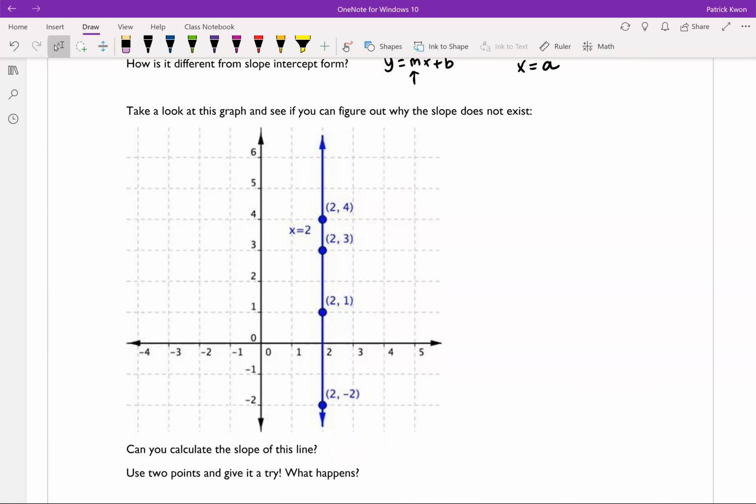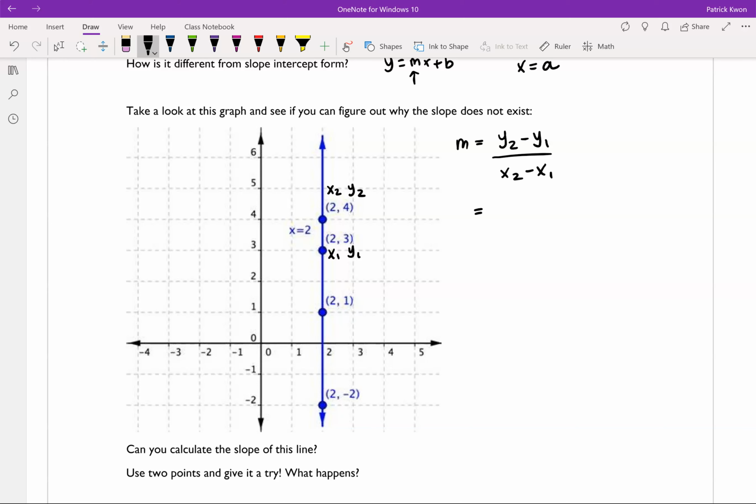So let's think about why that is. Let's calculate the slope of this example using the formula y2 minus y1 over x2 minus x1. So let's maybe call this one x1, this one y1, and this one x2, and that one y2.